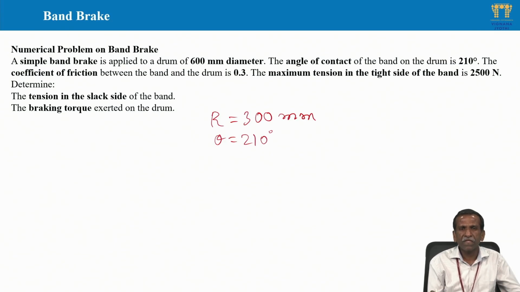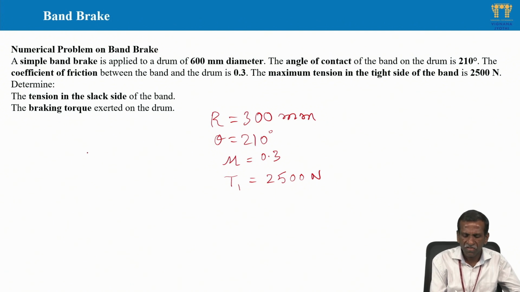The coefficient of friction between the band and the drum, mu, is 0.3. The maximum tension in the tight side of the band, T1, is 2500 newtons. Then we need to find the tension in the slack side.